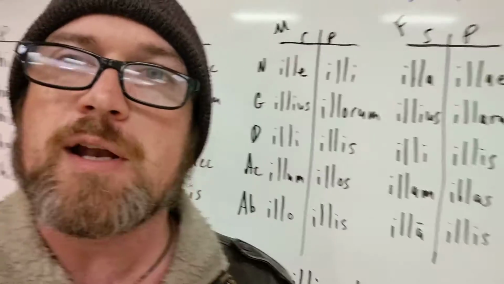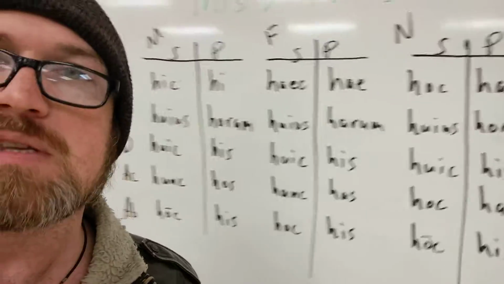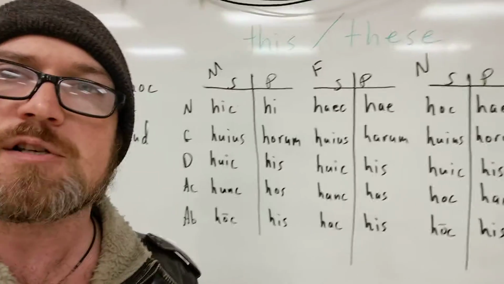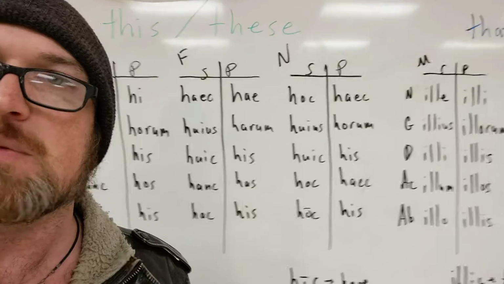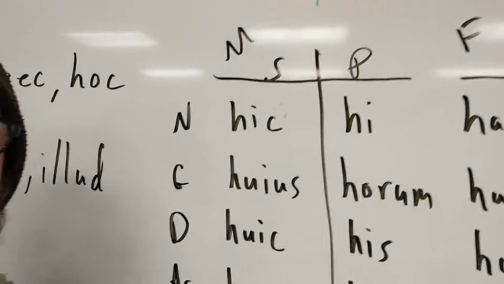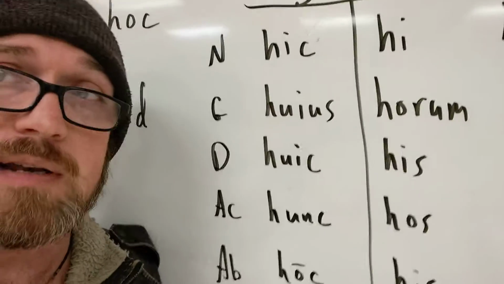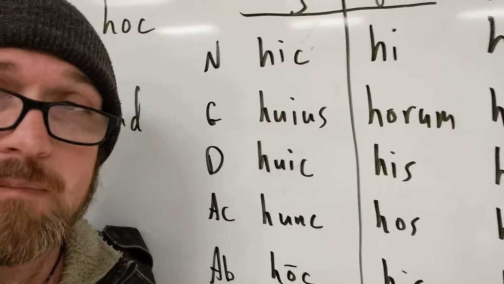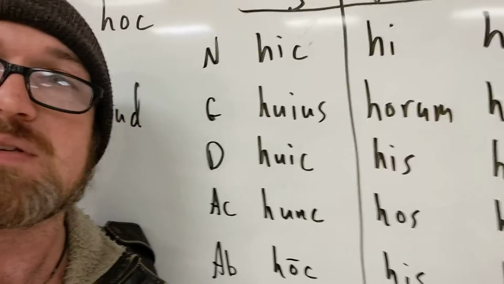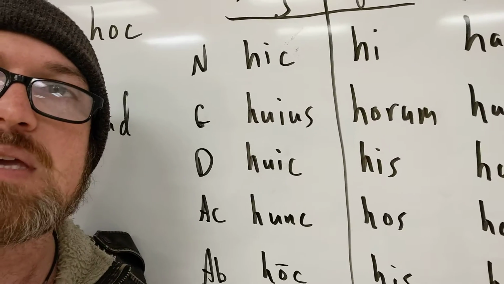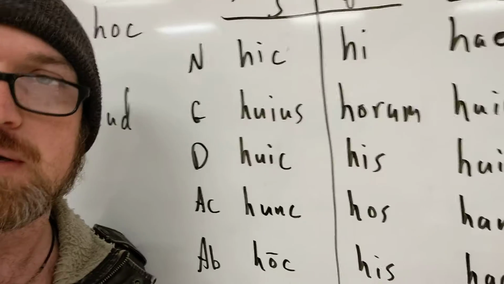Now, one thing to point out before I go into some examples of how to use this is, and I did mention this in class, but in case you missed it or forgot, this word, particularly hic, can seem problematic because when we first learned this as a vocab word, it did not mean this, it meant here. The real important distinction is that it means here when the i is long.